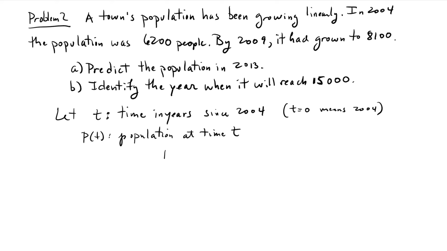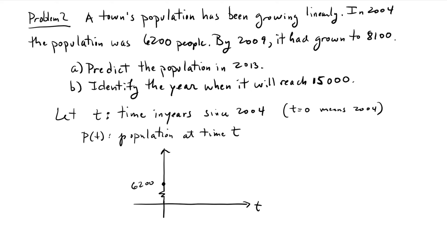So we're given that this is a linear increase in the population, right? It's been growing linearly. So if this is t, initially it starts at 6,200. This is just to say that it's a truncated axis. So I'm just not indicating the earlier parts of the axis. Close to 0, I don't care.